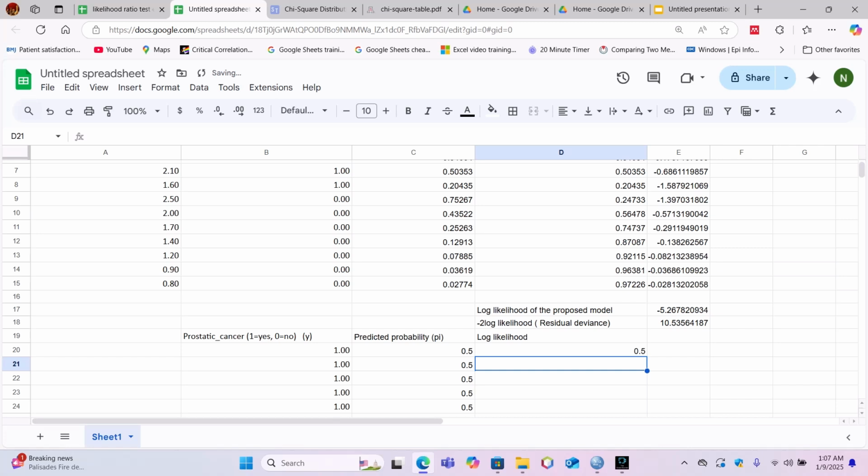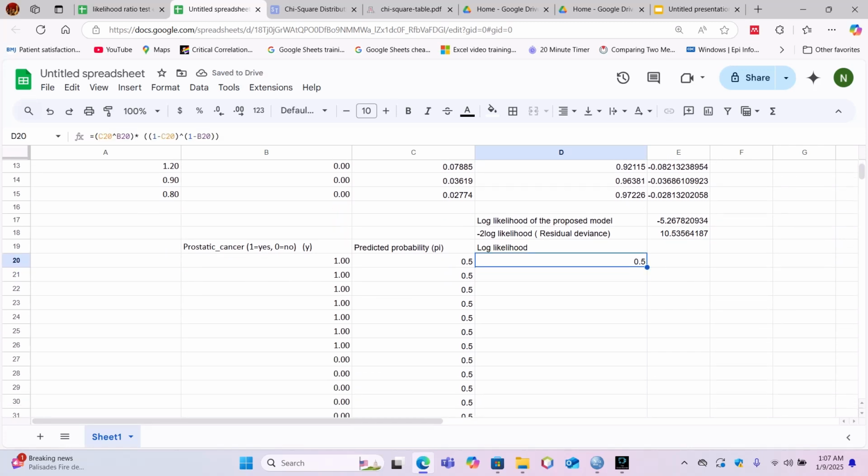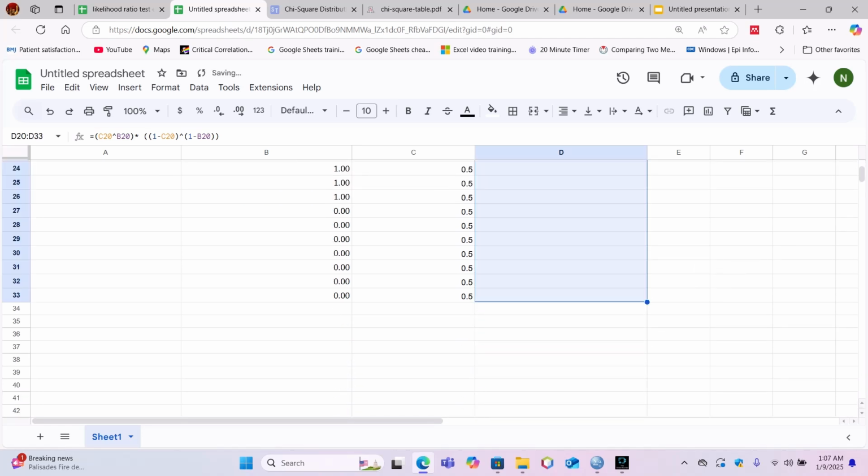So this is the likelihood for the null model.